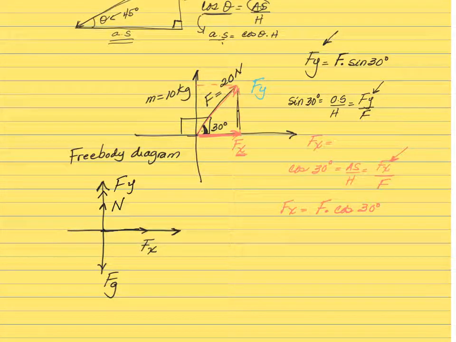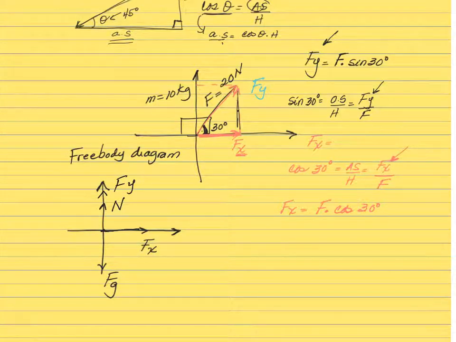For sure it's going to move to the right. Do you have any other forces acting on the x-axis? No. So the forces on the x-axis are unbalanced. So for sure, it's going to move to the right.